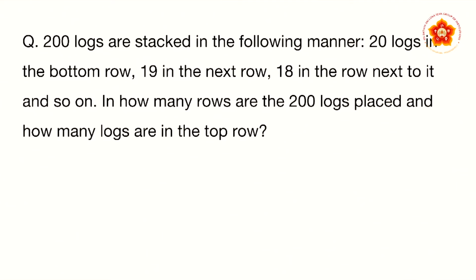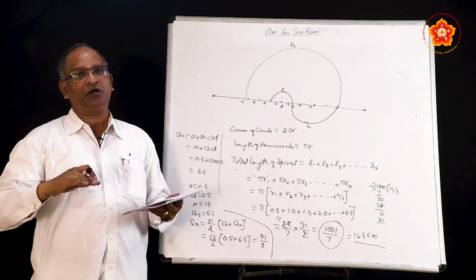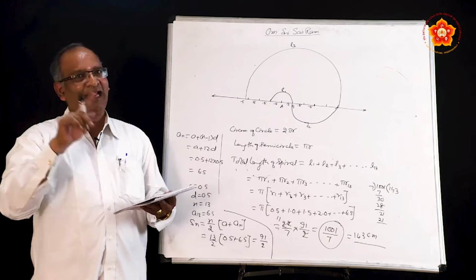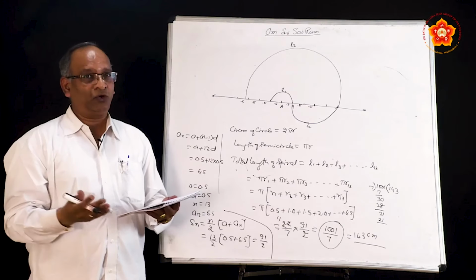The number of logs in the topmost one, we can call it the first term. In the first layer, the number of logs can be taken as A. So A is not known. The number of layers or rows is not known, we can call it N. So A and N are unknown. What is known?